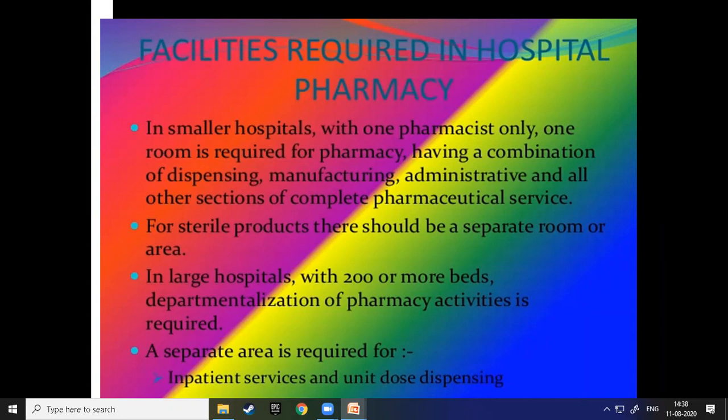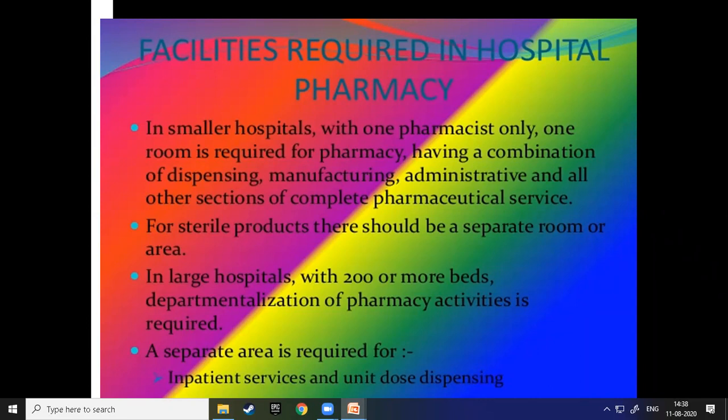Like in Bhopal, we can say National Hospital or Narmada Hospital, they are maintaining one pharmacy. It is situated on the ground floor. For sterile product, there should be a separate room or separate area.